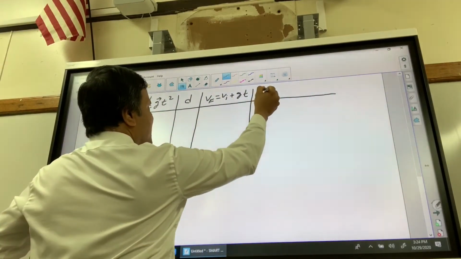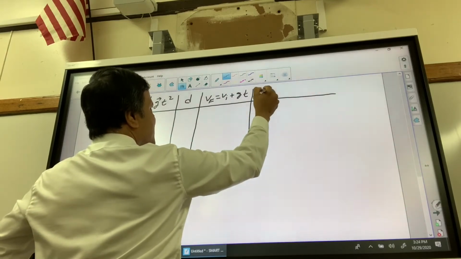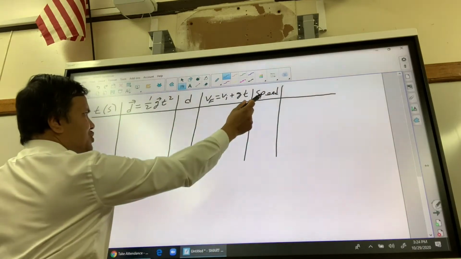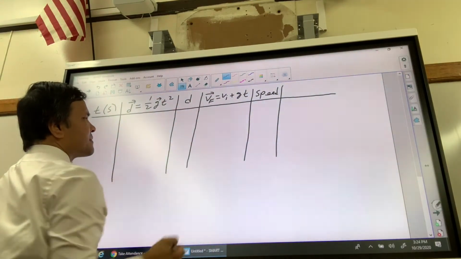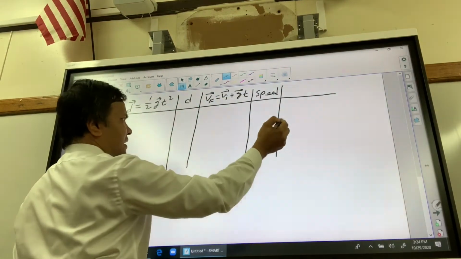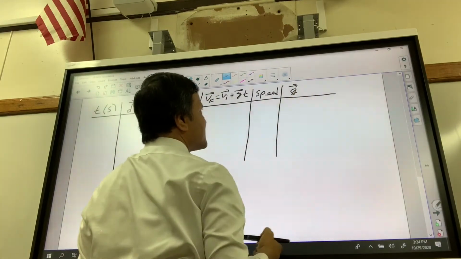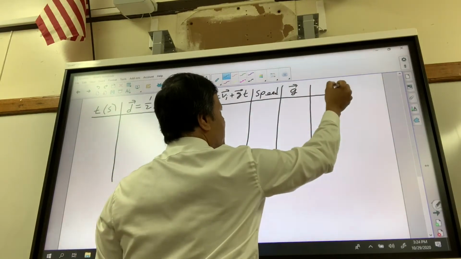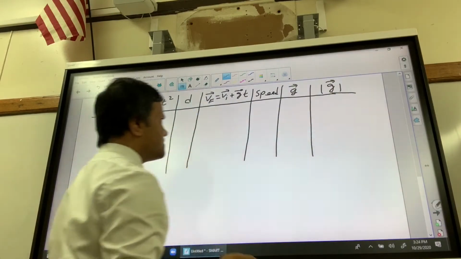Then, before the acceleration, we're going to do the speed. The speed is the magnitude of velocity. And then we're going to find the acceleration due to gravity, and then the magnitude of the acceleration due to gravity.